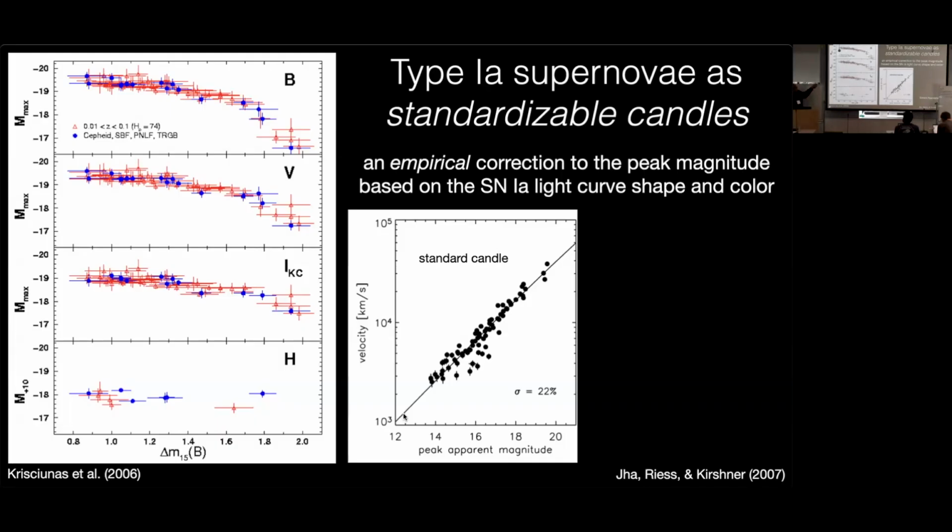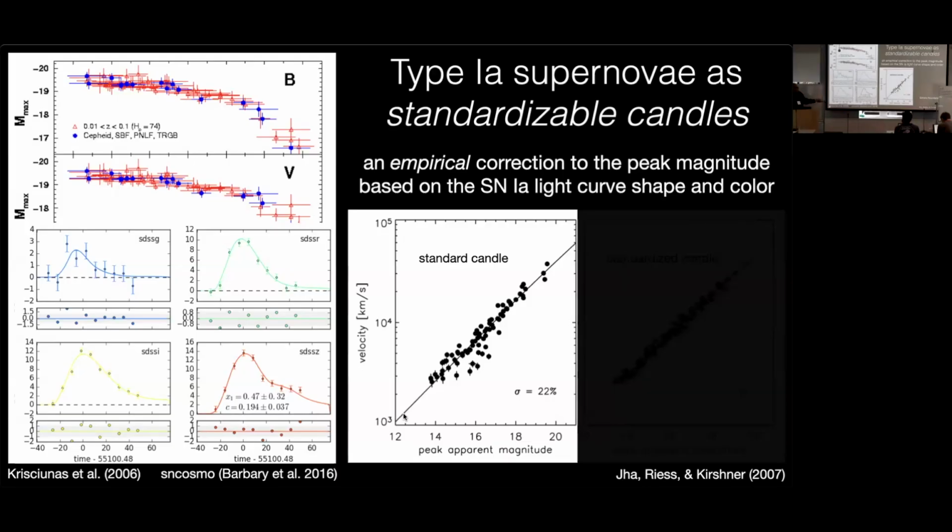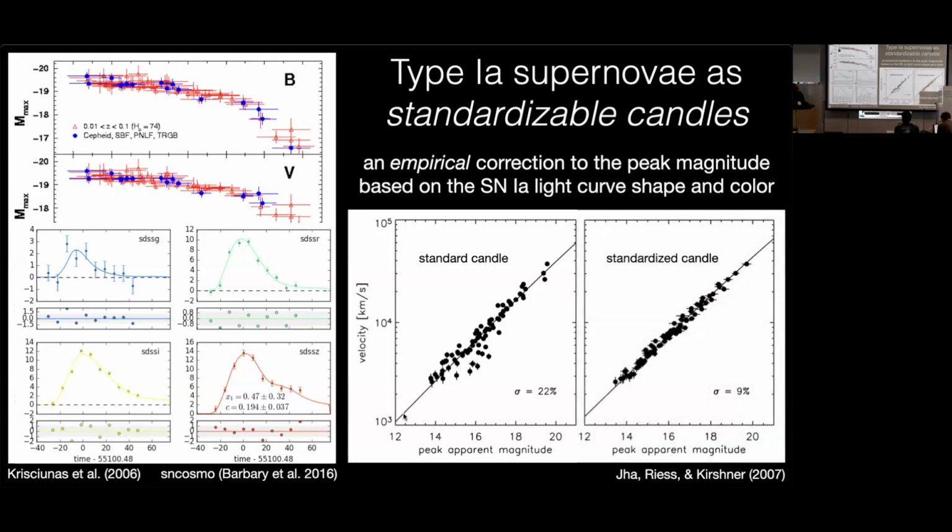If you go further and use relations like this to standardize the candles, you get something like this. You fit the light curve, measure the light curve parameters, figure out the correlation between the light curve parameter and the luminosity, and apply that. So you get this standardized candle. Can we make that go away?